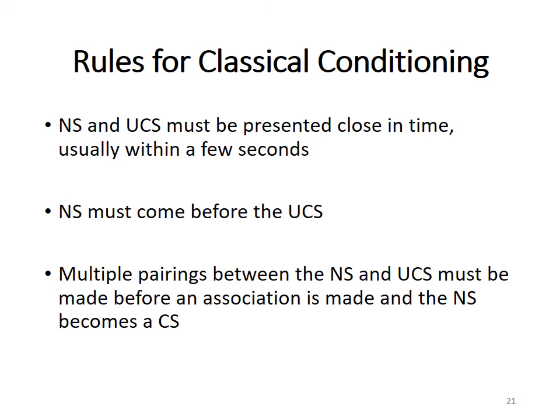Multiple pairings between the neutral stimulus and the unconditioned stimulus must be made before an association is formed and the neutral stimulus becomes a conditioned stimulus. However, there is one exception to this rule, and we're going to look at that on the next slide.